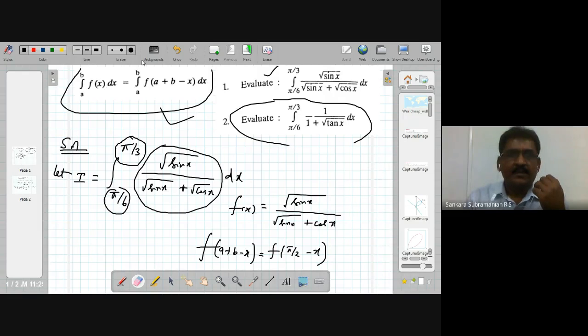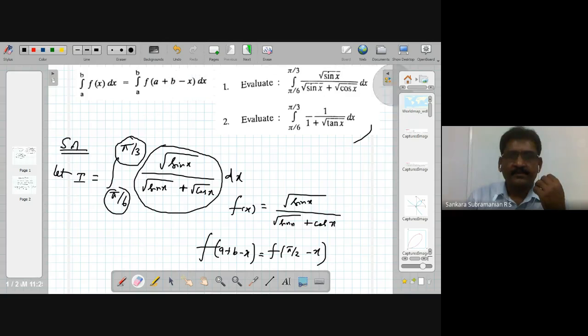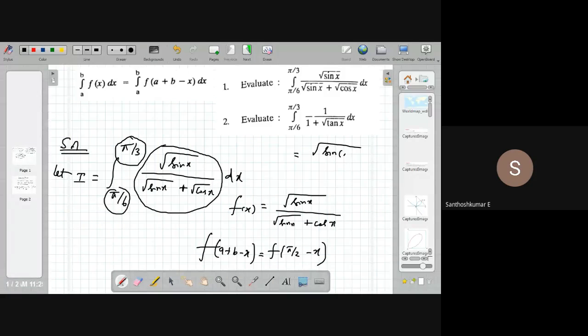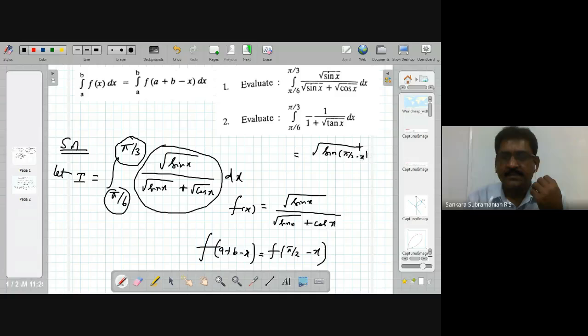All right. So this is equal to square root of sin of pi by 2 minus x, divided by square root of sin of pi by 2 minus x plus square root of cos of pi by 2 minus x.